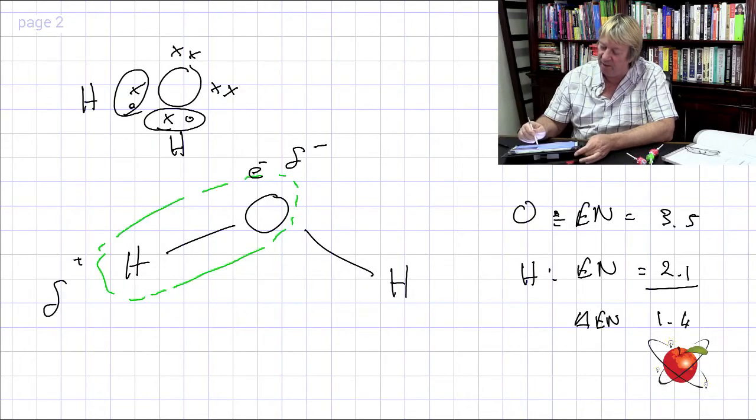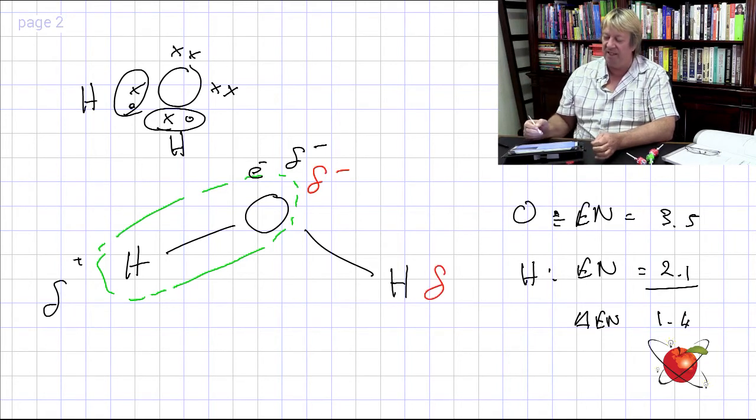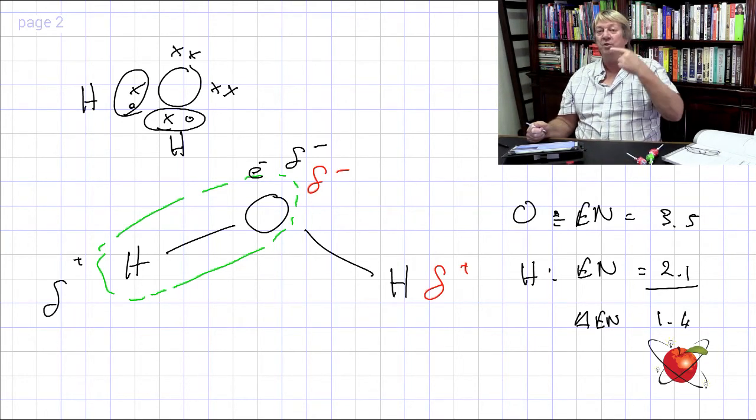And ditto with the electron on that side. We can say to ourselves, we're delta minus here, we're delta plus there. Which means that now our molecule of water is polar covalent. Covalent only tells us whether it's ionic or covalent, which is the sharing, but the most important thing is it's polar.